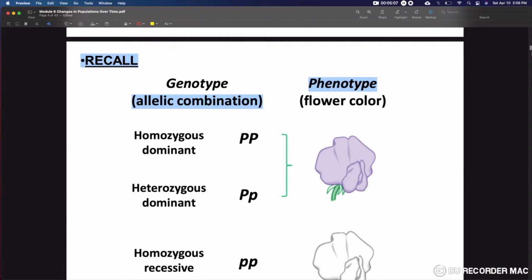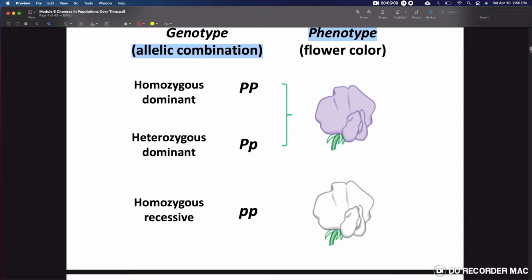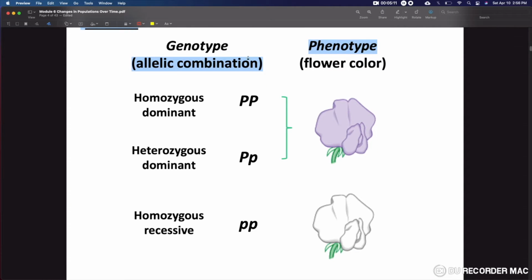Another example is right here. Here we have the genotype. Again, we review the genotype and the phenotype. What's the difference between the two? When we say genotype, these are the allelic combinations.